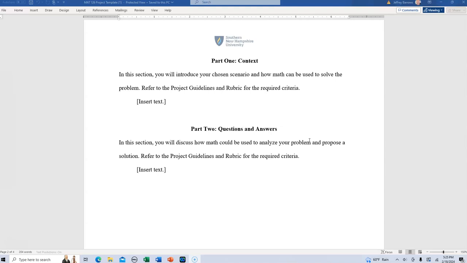And I will go as far as saying, this is really based on the fact that you're digging through a bunch of data and pulling together analytical techniques to analyze it. This is really a research project at its heart. And so being very clear again about the questions is to everybody's benefit. And then, discuss how math could be used to analyze your problem and propose a solution.